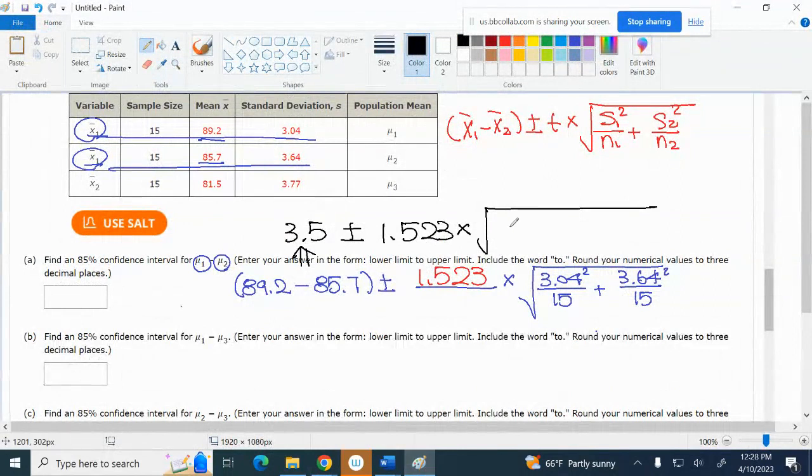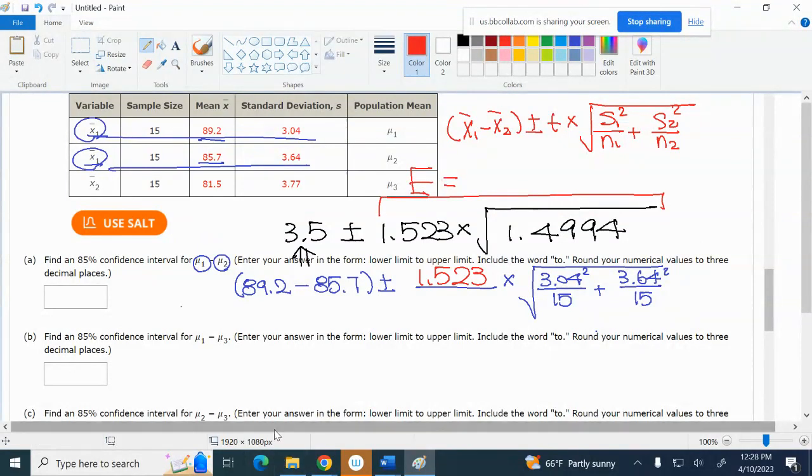Now, inside of the square root, I have 1.4994. Let me take the E part, the margin of error. E is then 1.523, the t-score, times the square root of 1.4994. Here is 1.865. And now the mean difference, 3.5 minus 1.865, I have 1.635.